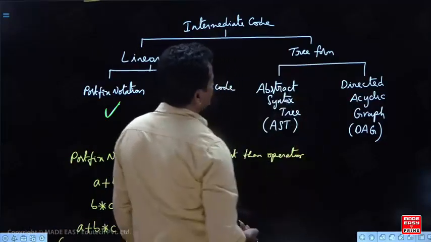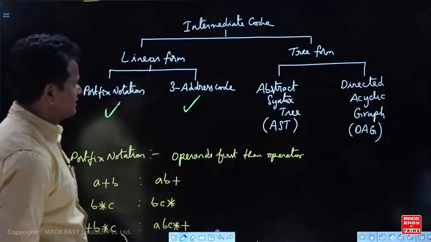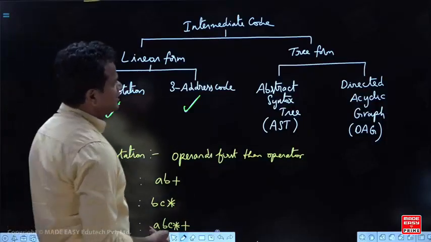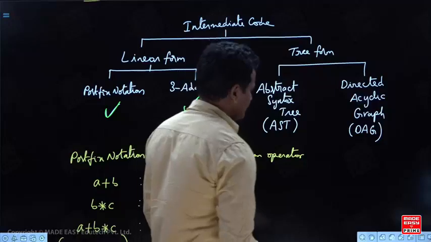Now tree form. What is the tree? What is abstract syntax tree? What is directed acyclic graph? I will tell you.